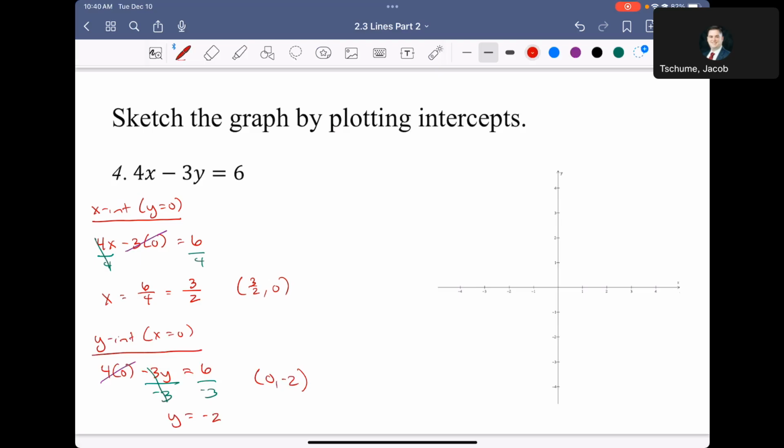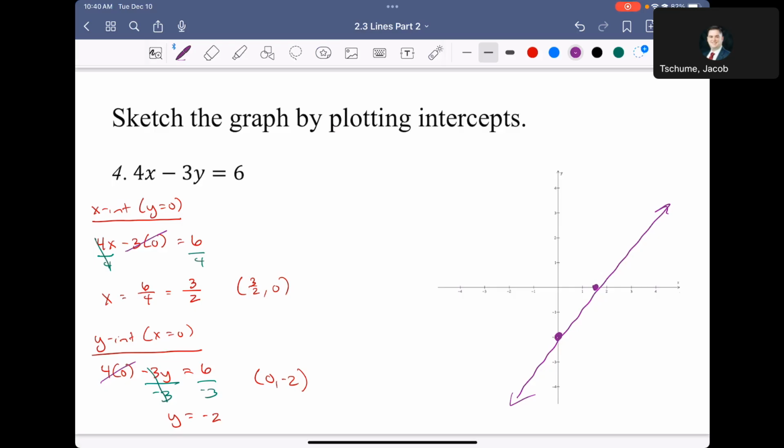So we end up having a y-intercept of (0, -2). If you plot both of these points on your graph, so if I go to (0, -2), which is the y-intercept, and then 3/2 is the same thing as 1.5, so we go to (1.5, 0), you can see once again, that's enough information to help you graph your line, and we didn't even need to find the slope of the line in order to draw it.